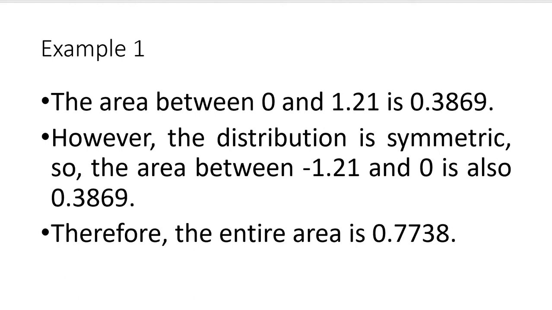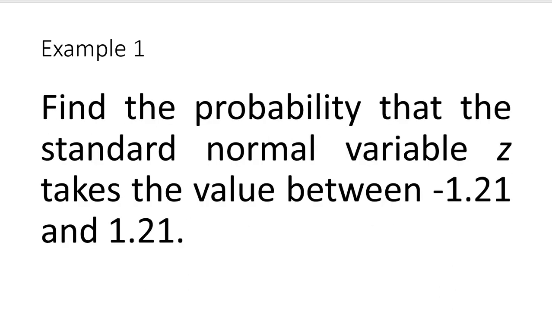So the entire area is equal to 0.7738. So we can conclude that the probability that standard normal variable z takes the value between negative 1.21 and 1.21 is approximately equal to 77%.